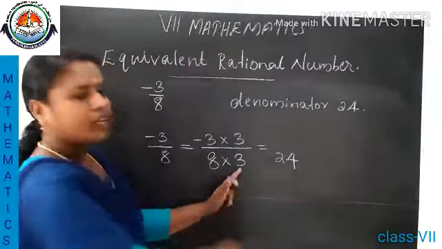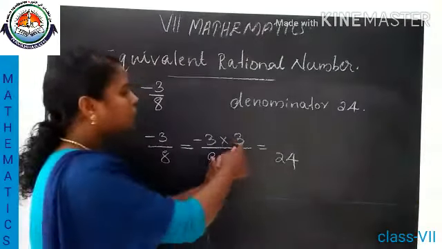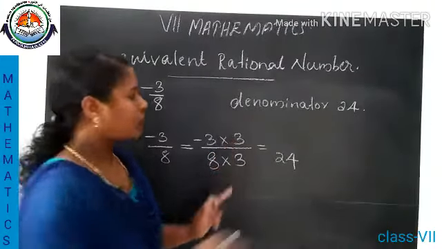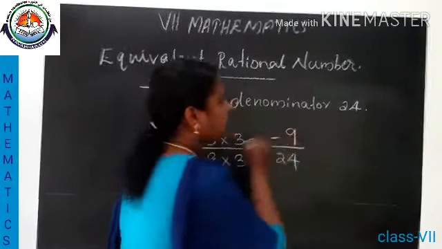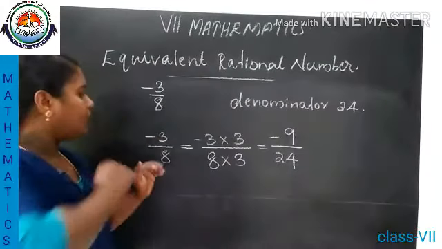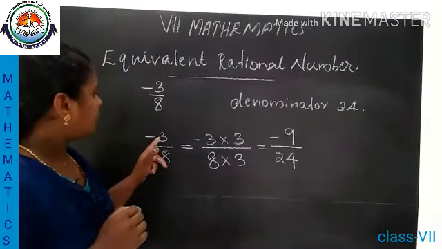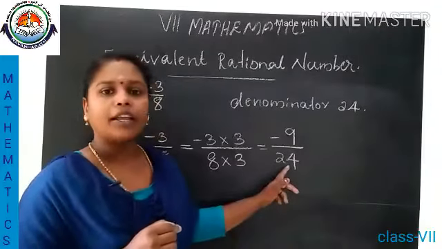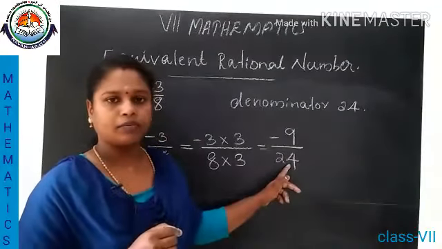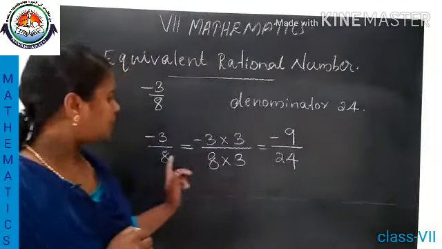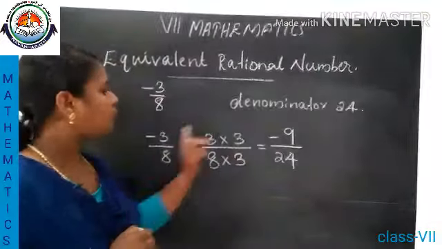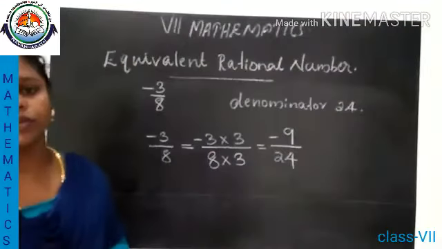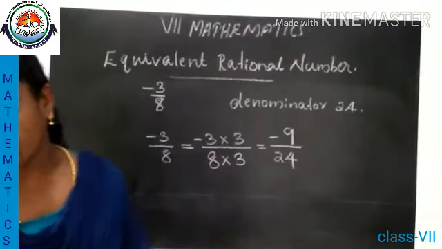Here in the denominator we multiplied 3, so in the numerator also we need to multiply with 3. So it is negative 9. So we rearranged negative 3 by 8 as a rational number with denominator 24. If you are changing the denominator from 8 into 24, there will be some changes in the numerator also. We can discuss one more question.